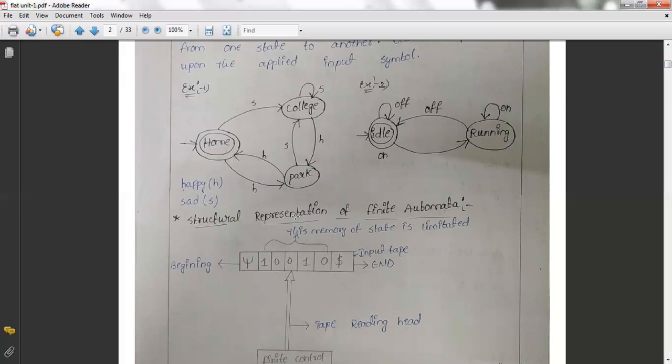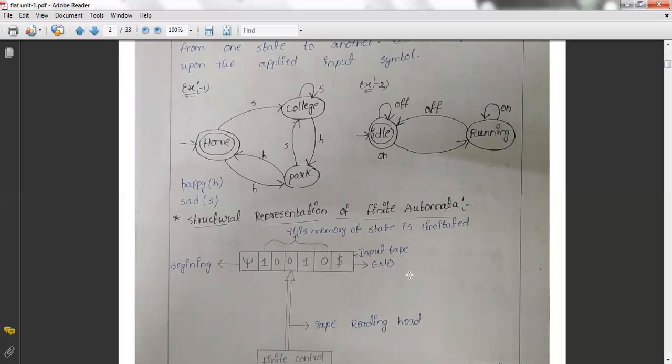Coming to the structural representation of the finite automata, it has a particular structure here. The beginning will be one state, and the remaining symbols will be the memory of the state, which is limited. The input symbol will be there, and the end is represented as dollar.